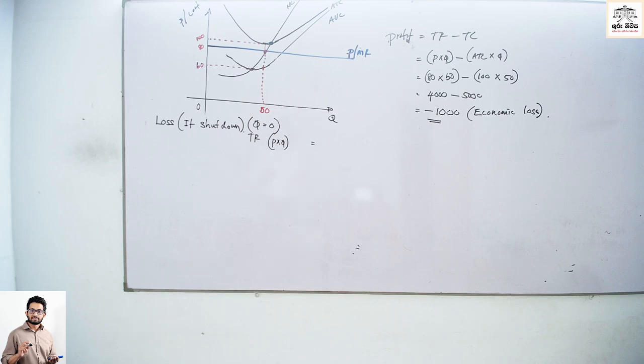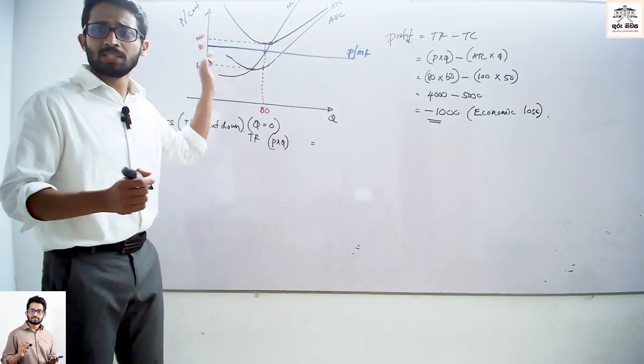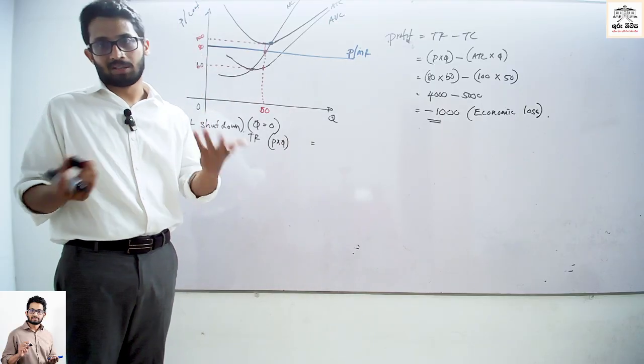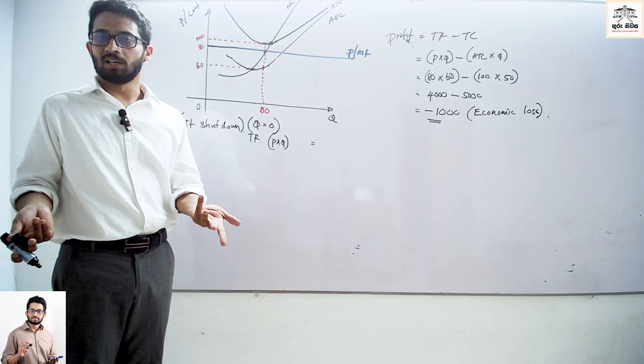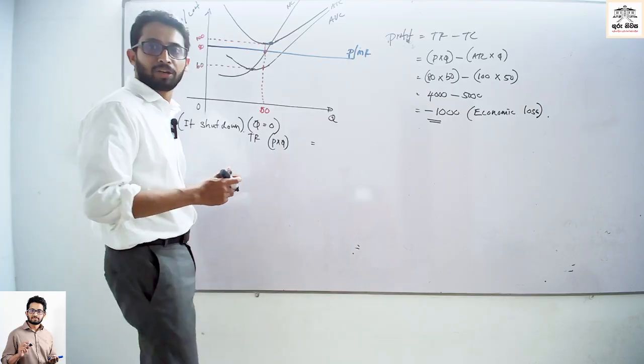Why? Because there is no output. Price is 80 rupees. Yeah, market price is 80, but there is no output to sell. Total revenue is 0.